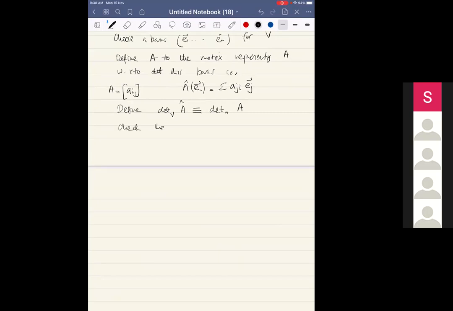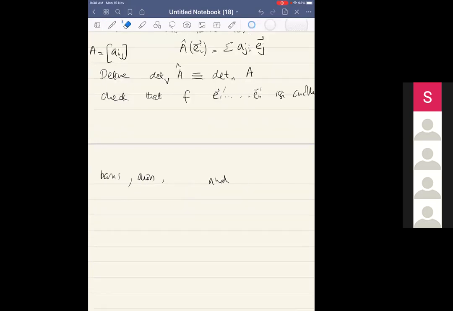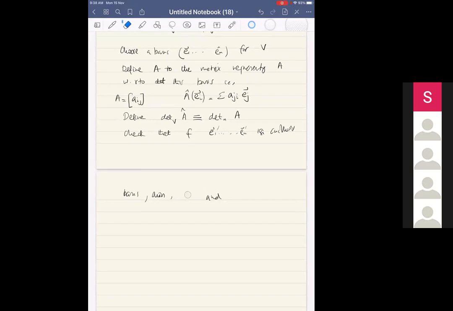Check that if e1 prime through en prime is another basis, then A prime and A, be very careful, no hats, are similar matrices.